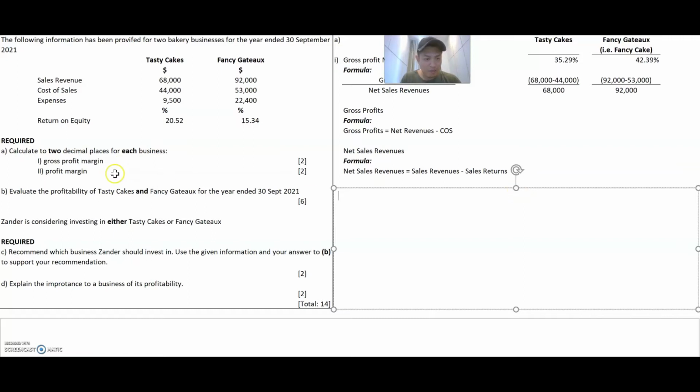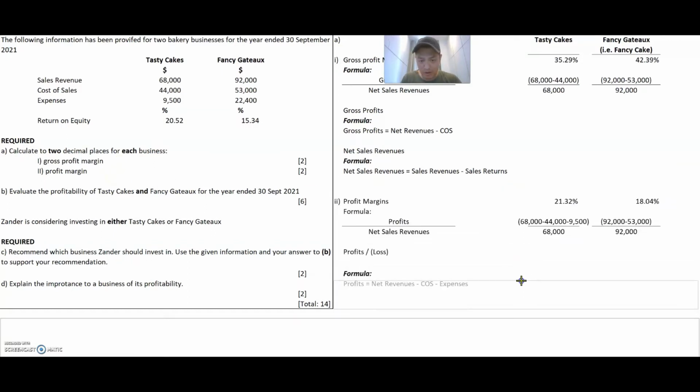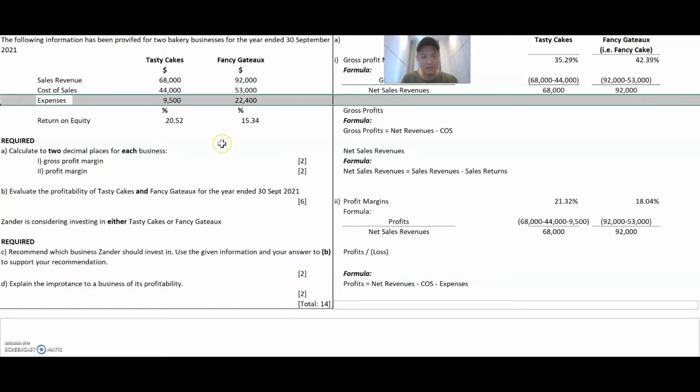The next thing, profit margin: profit of the business divided by the net sales revenues. And how do you calculate profits? Profits is basically the residual profit, right? Gross profit is the profits from selling just the product itself, and the residual profit at the end takes into account all the indirect costs, and typically we know that as expenses.